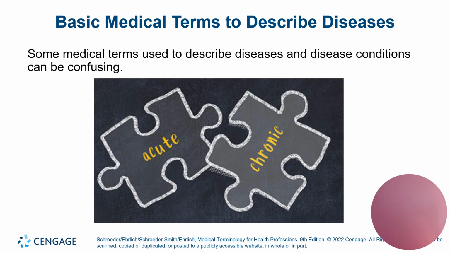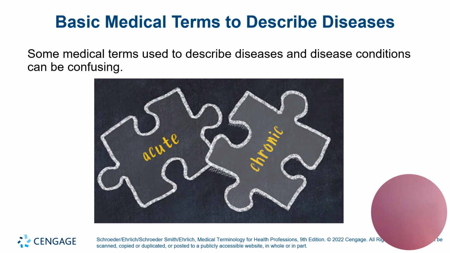Now, some medical terms are going to be used to describe diseases and disease conditions, but they can be confusing. Some of the most commonly confused terms are described in Table 1.10 in your textbook. Examples would be acute.